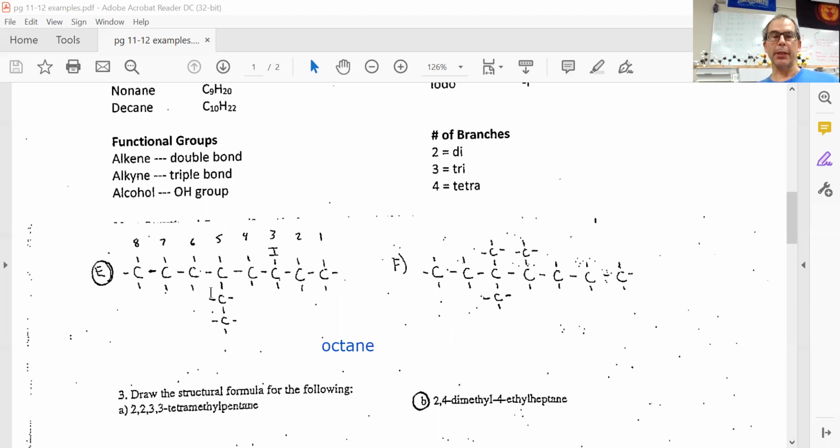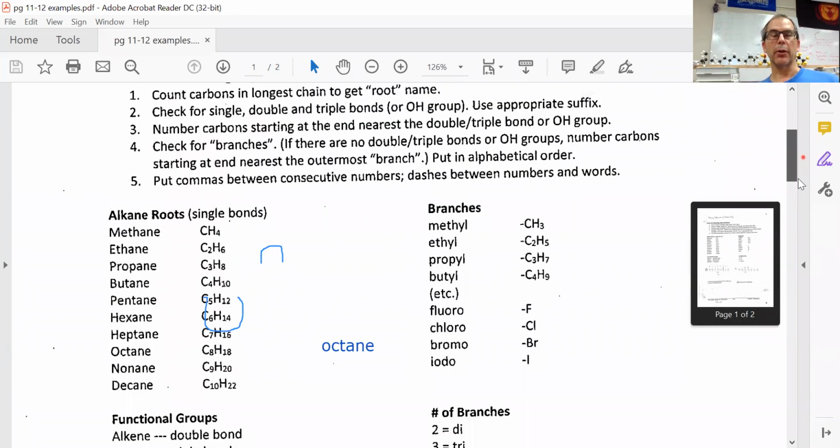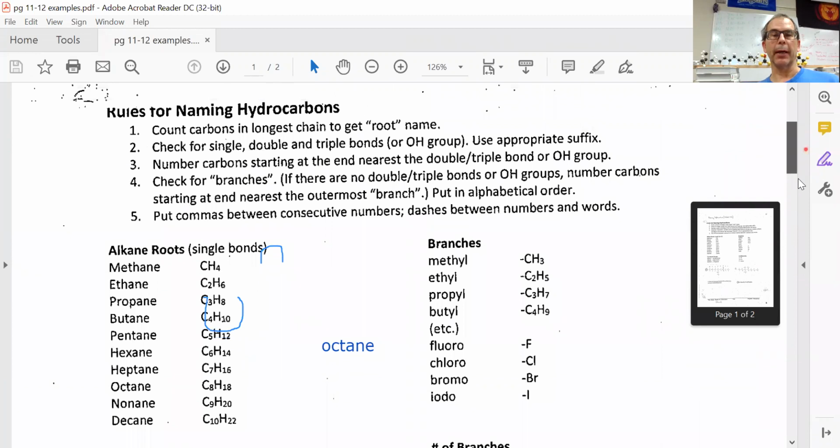So let's look at the name of these branches. I have a 2 carbon branch, and then I have an I. All right, might just draw a little thing around this. This is the 2 carbon branch, and then this is the I. Right, and let's go back and look at our rules on the yellow sheet or on page 4 of your homework packet.